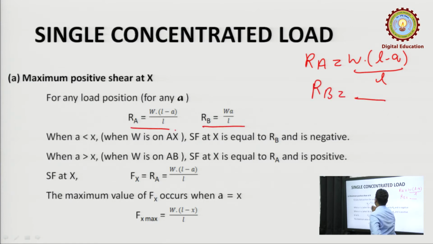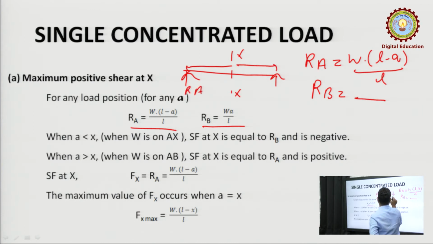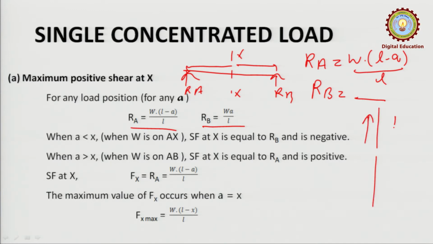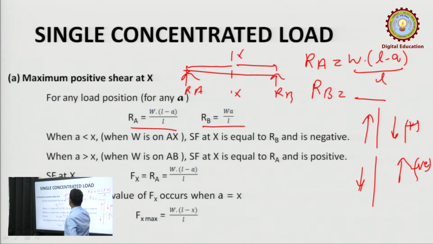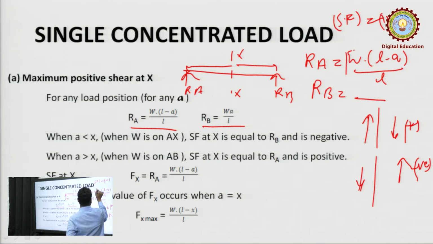These two values we found. How can we find the shear force? The right side is RA and the left side is RB. But what was the sign convention? This is positive and this is negative. Here the left side of the section is upward, that means shear force is positive, with value of Ra.